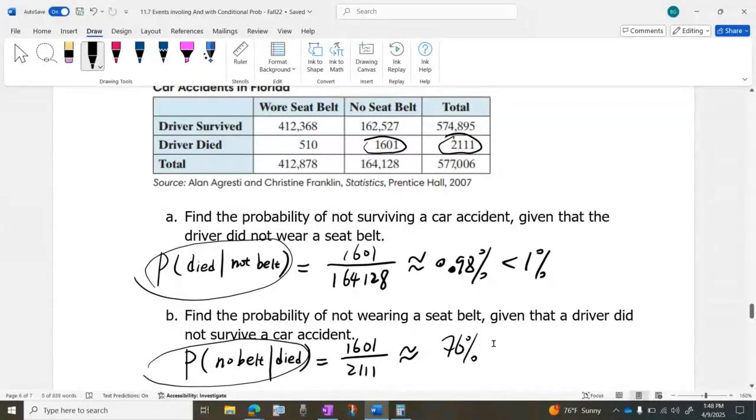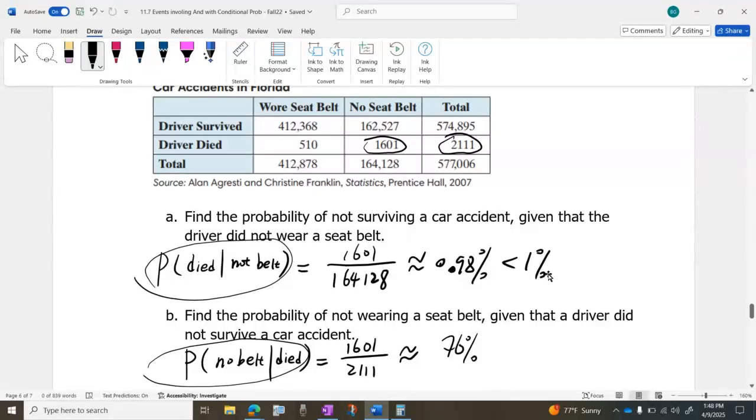So you can actually use this result to make a point. Like wearing a seatbelt is very important. And this one, among the people who did not wear a seatbelt, drivers, no seatbelt, and this many people died, right?